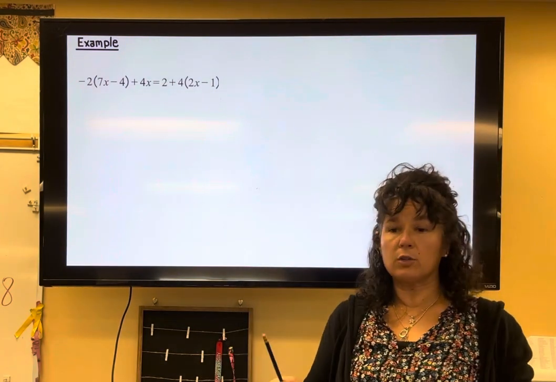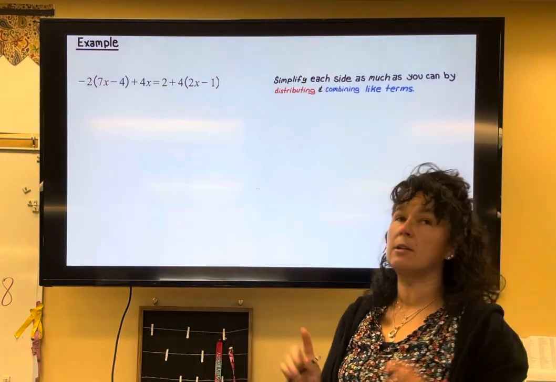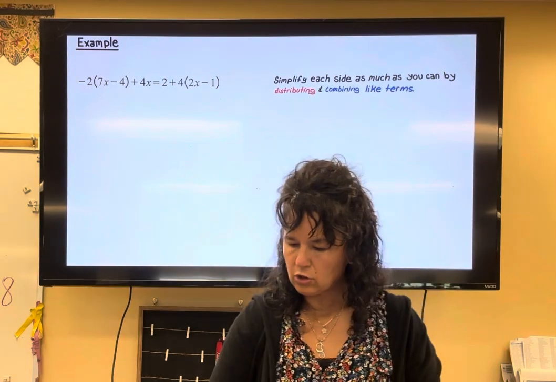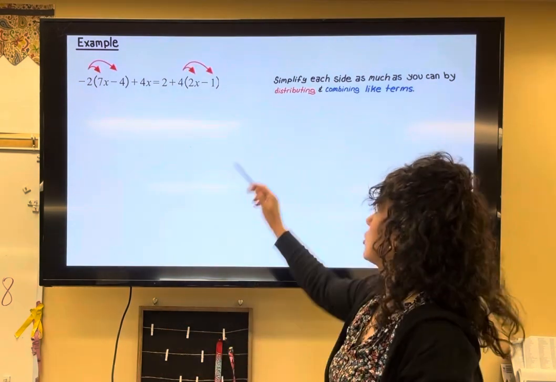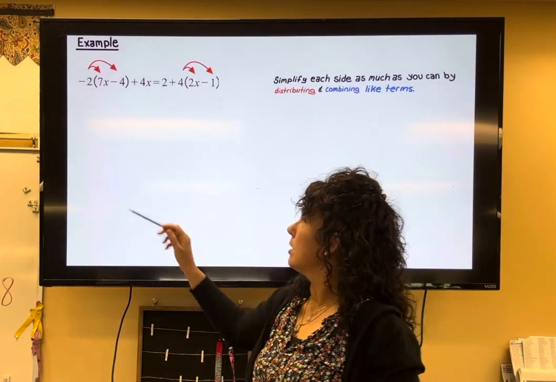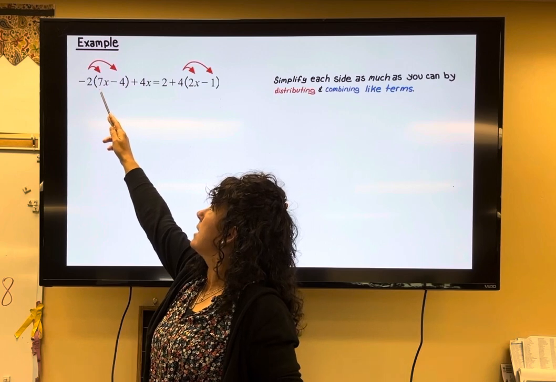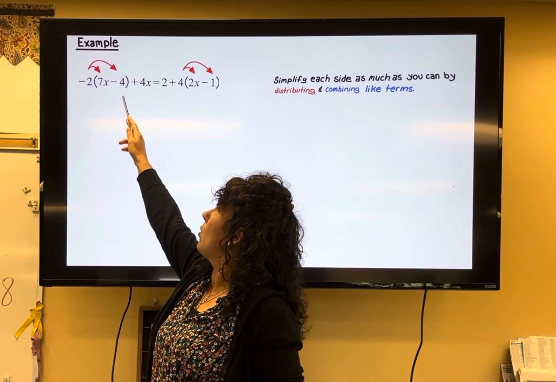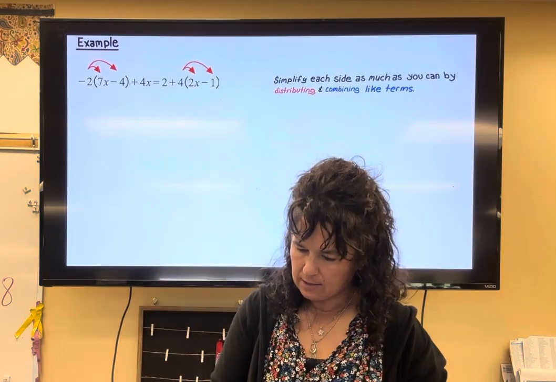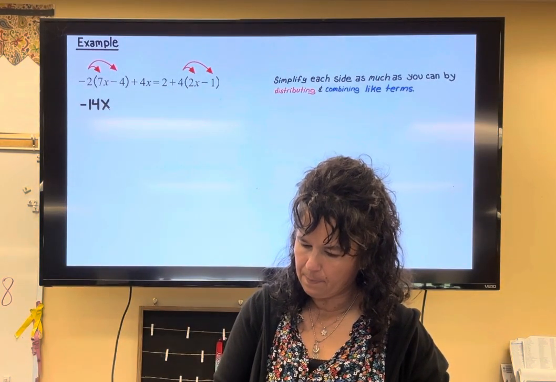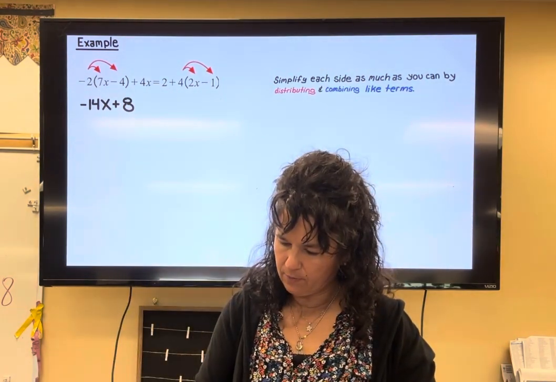So if we follow those steps, that first thing being that we want to simplify each side. So let's distribute the -2 through, and on the right side, distribute +4 through. So negative 2 times 7x is going to give me negative 14x. Negative 2 times negative 4 is positive 8. And I still have a plus 4x that I can bring down.